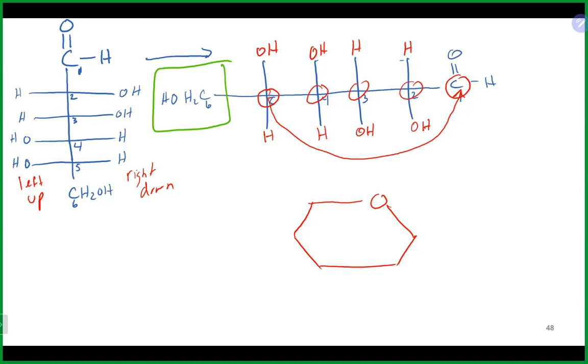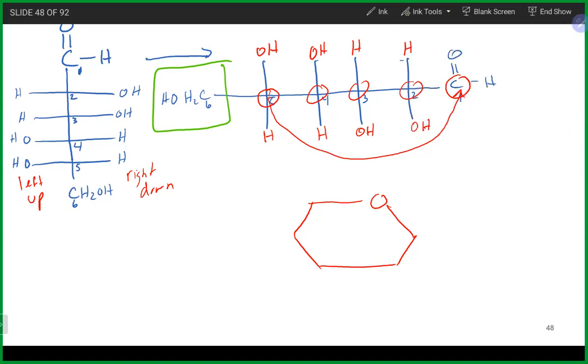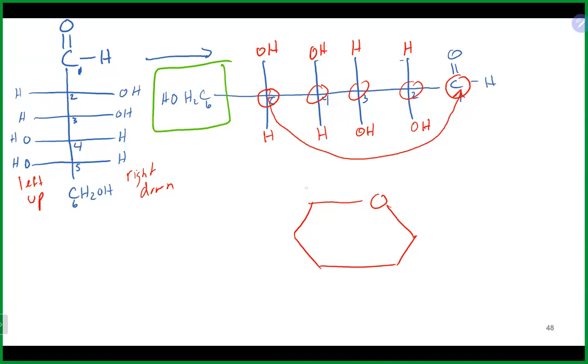Where carbon number 6 ends up is always the top left, to the left of the oxygen. So he will end up right about here. And that is our CH2OH, our carbon number 6. That's pretty much the position where carbon number 6 will always end up.